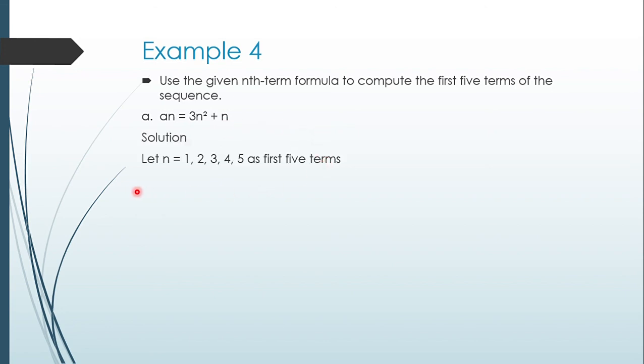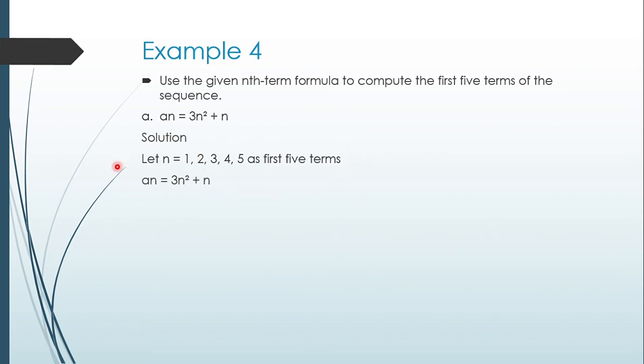Solution. Let n is equal to 1, 2, 3, 4, 5 as first 5 terms. So, all you have to do is substitute the first 5 terms to the nth term formula.